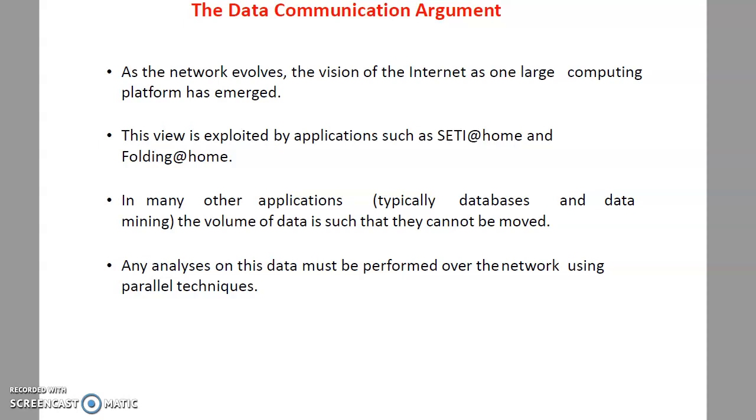And similarly there was Folding at home, which was another platform based on the internet. In many other applications, typically databases and data mining, the volume of data is such that it cannot be moved. So data communication speed was also an advantage in parallel computing platforms.